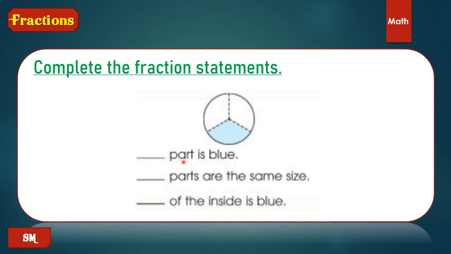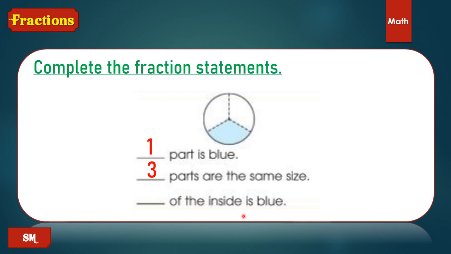How many parts are blue here? 1 part. So write here 1. 1 part is blue. Now, how many parts are the same size? Let's count all same size parts. 1, 2, 3. So 3 parts.